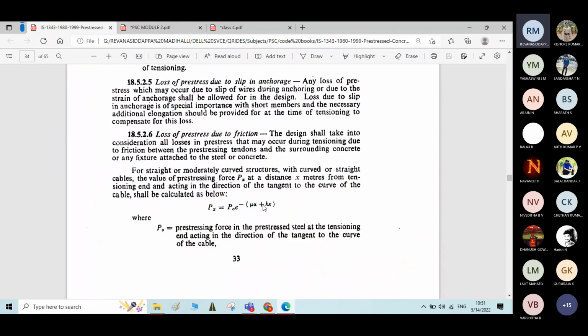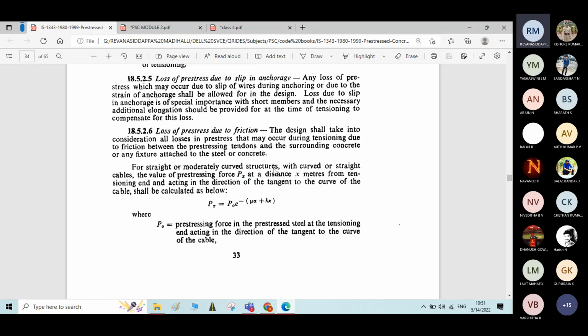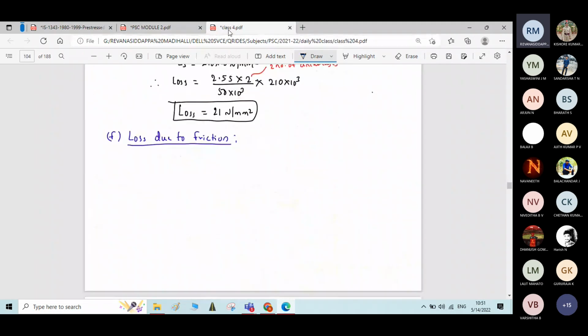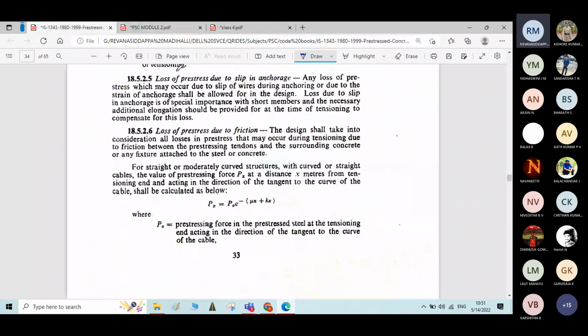This mu alpha plus Kx is there, and P naught is also there, excluding this e power. So this formula will be P naught into mu alpha plus Kx. Just by referring to this formula, you can write the expression for the loss.